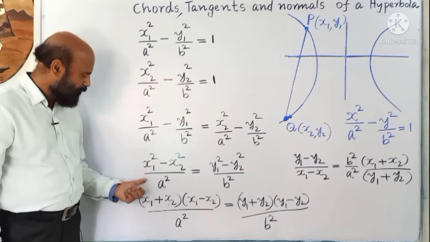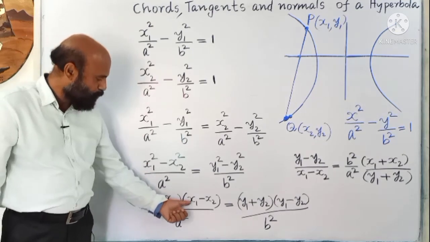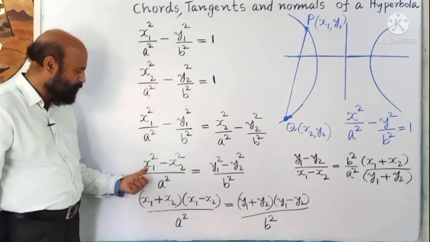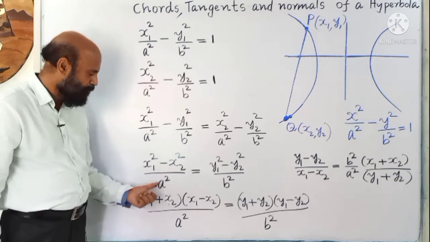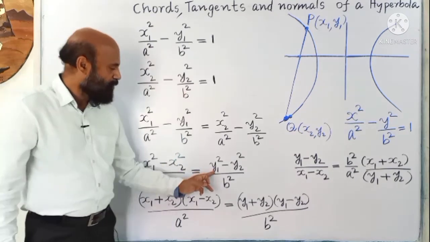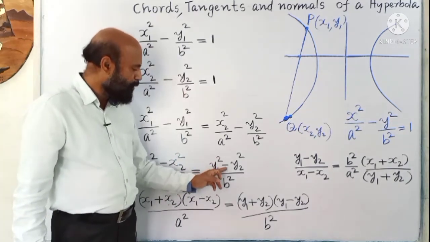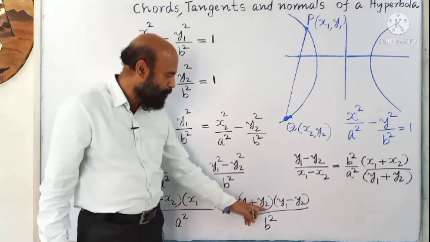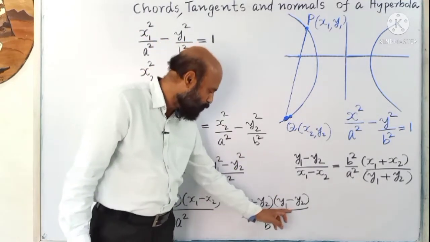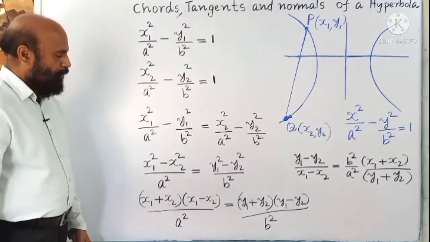This can be written as x1 plus x2 into x1 minus x2 by a square, and y1 square minus y2 square can be written as y1 plus y2 into y1 minus y2, all divided by b square.